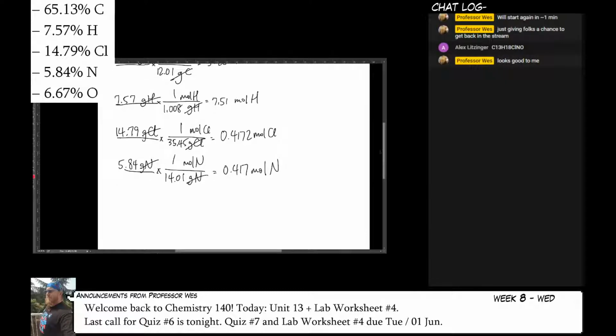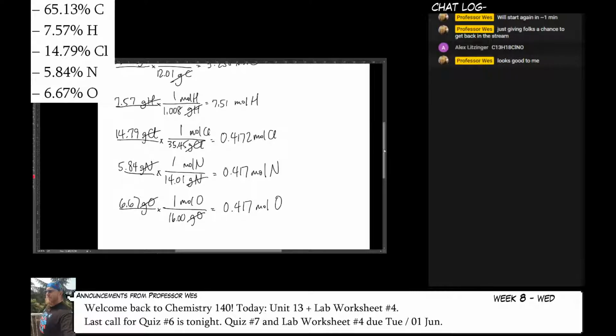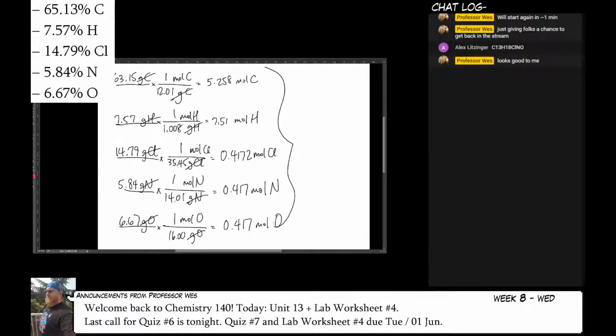And then we'll scroll down a little bit and put O in there. And 1 mole of O is 16 grams of oxygen. And I get 0.417 for that one too. So obviously the last three are going to have the same coefficient. They're also the smallest number. So we'll write our formula here.